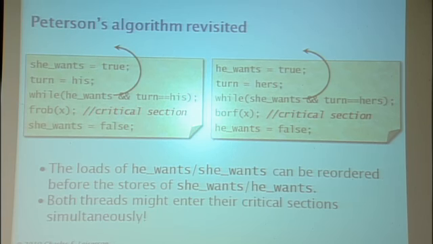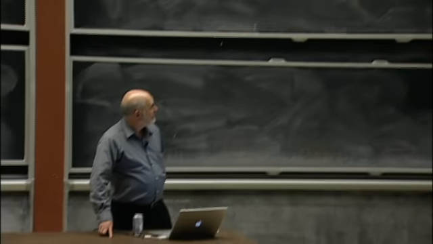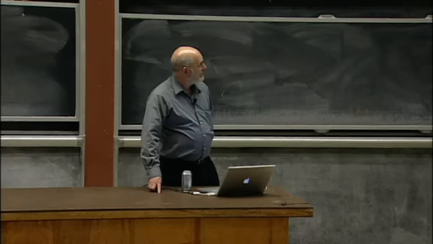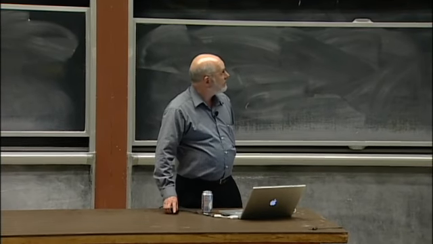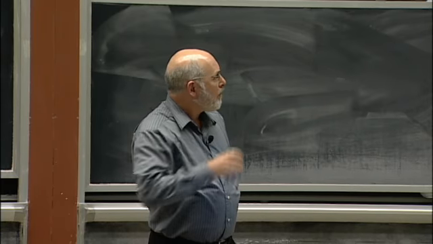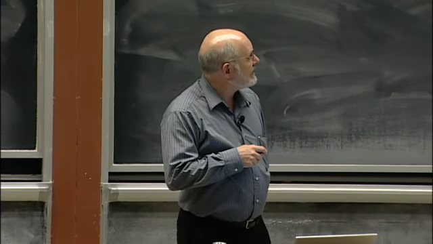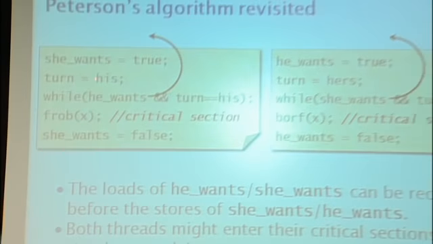Reed, if you swap the order of the loads, will that work on x86? If you put turn equals his on the left and he wants on the right, because the he wants can't cross the load.